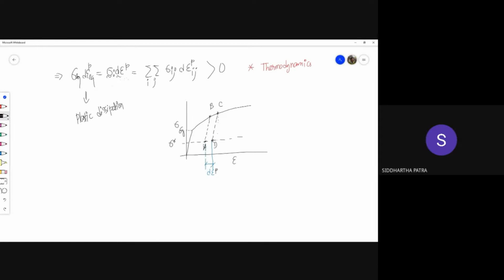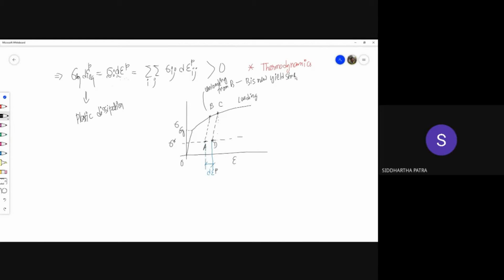We know that if I were to start from the origin and were to deform along the loading curve, then at any point, if I unload, let's say at B, B becomes the new yield stress.